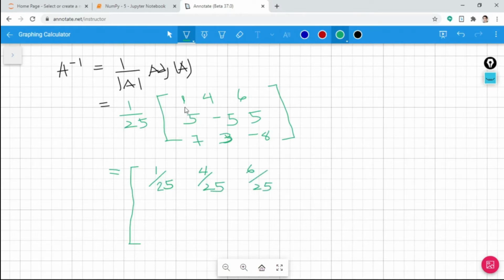Then 5 over 25, which is positive 1/5, then negative 1/5, and 1/5 also.